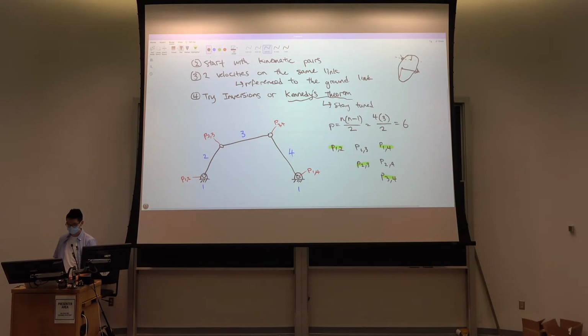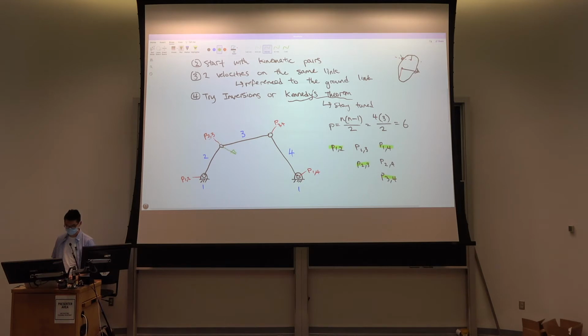To do this one, let's try and draw the velocity of some turning pairs. This turning pair here between link 1 and link 2 is not moving, so we don't have to draw that. We know that the velocity of this turning pair between link 2 and link 3 has to be perpendicular to link 2.